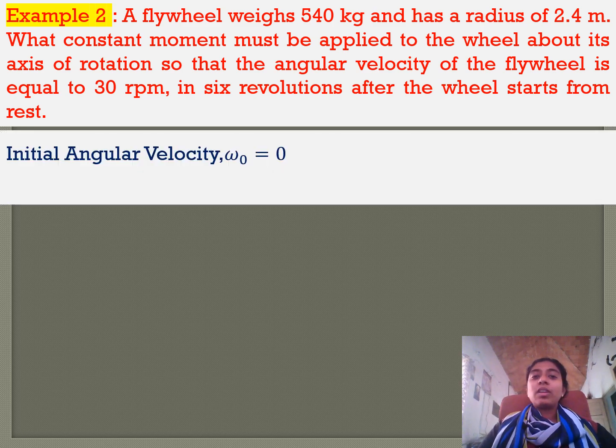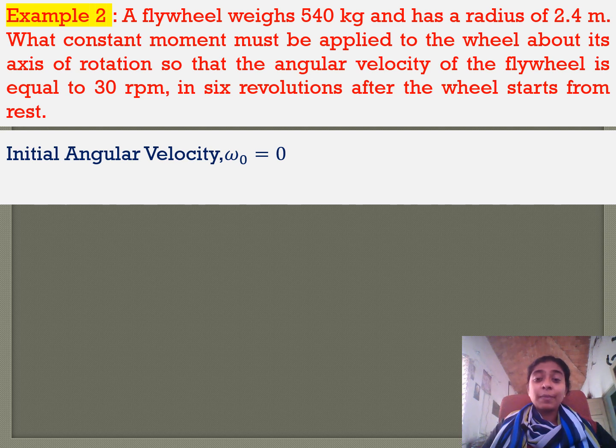So, initial angular velocity. See, the flywheel weighs 540 kilograms, so mass is given as 540 kilogram. The radius is given as 2.4 meter. What constant moment must be applied to the wheel about its axis of rotation so that the angular velocity of the flywheel is equal to 30 revolutions per minute.